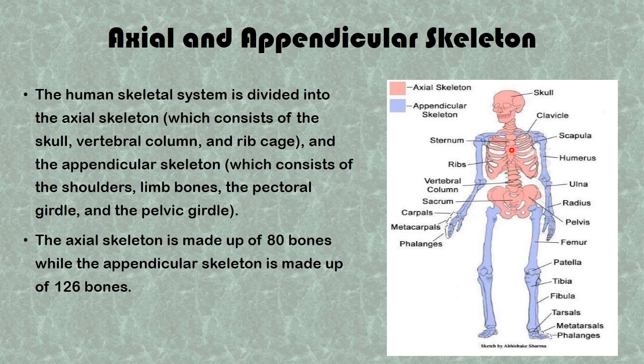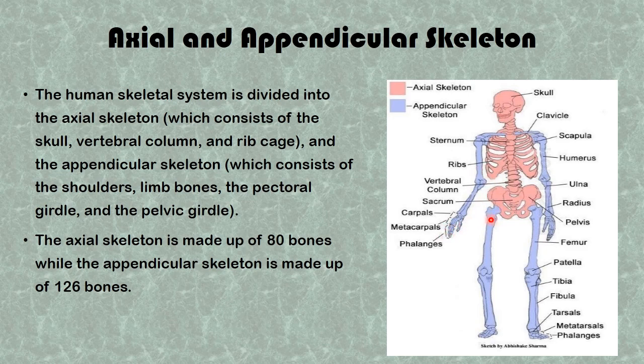Now the appendicular skeleton are the adjoining parts, which are the arms and the legs. As you can see right here, the arm bone, which is the clavicle, is joined to the scapula, where the humerus is attached to it. Then we have the ulna and the radius. Then we have the carpals and the phalanges, which are the finger bones.